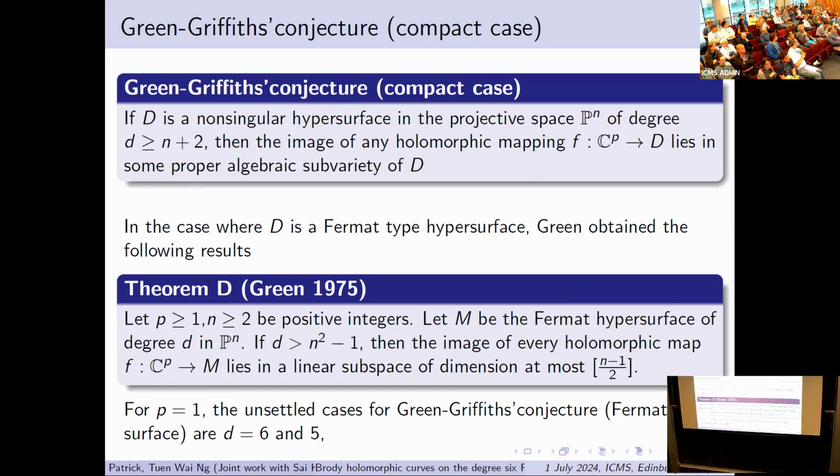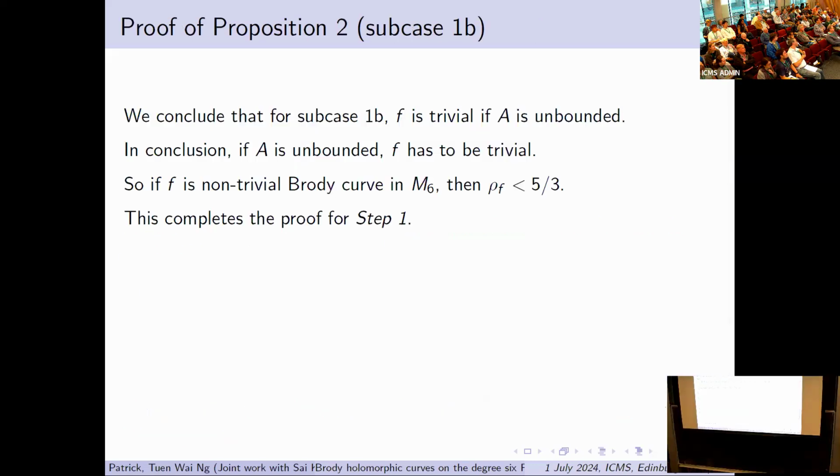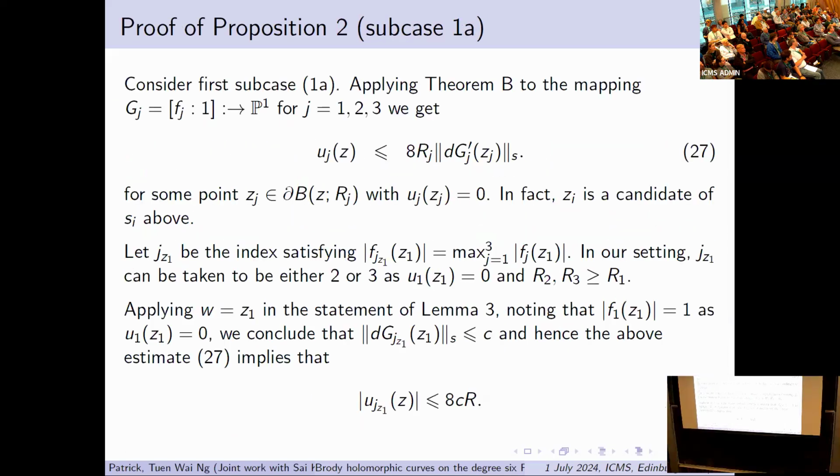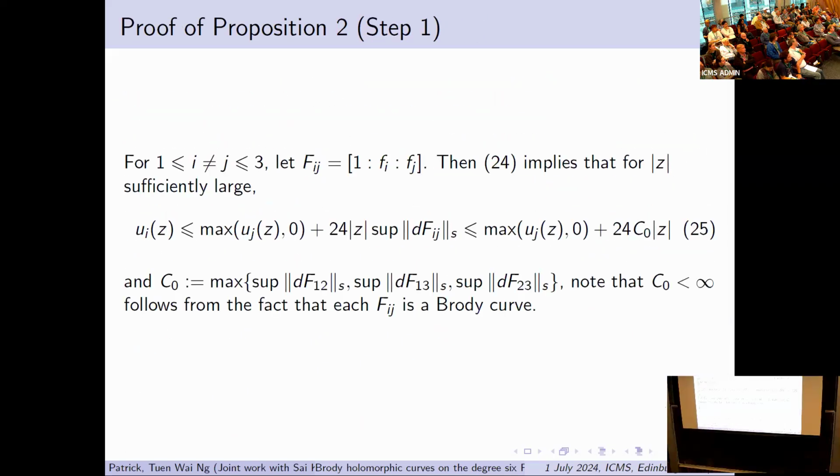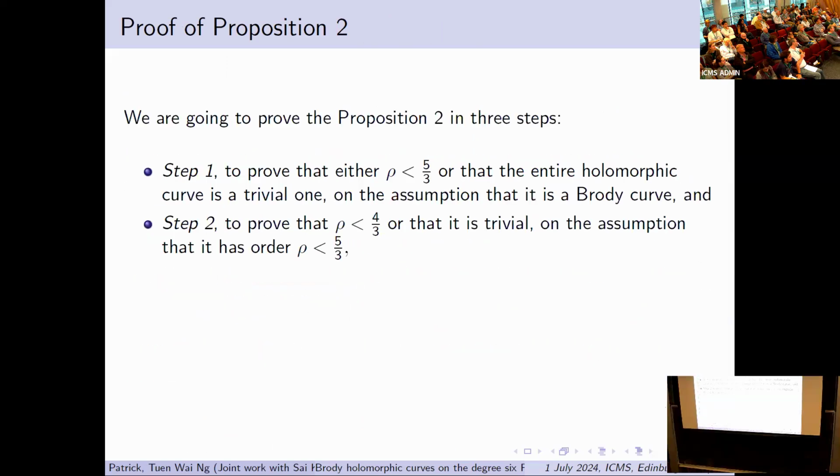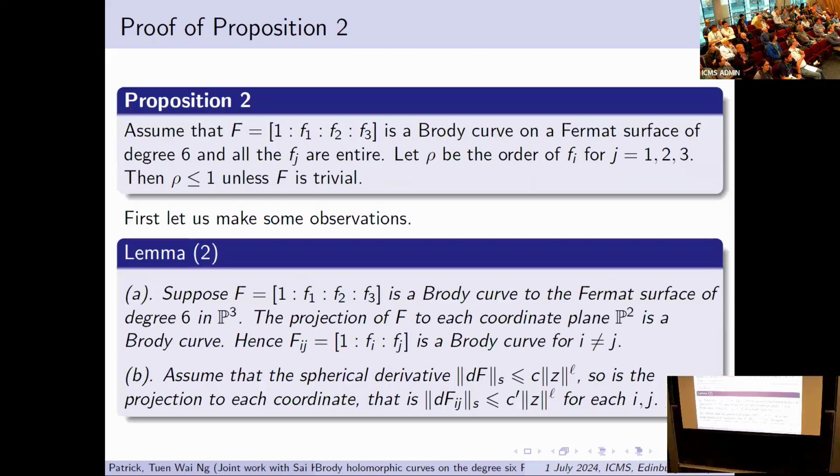Can you highlight what goes wrong in your argument for d equals 5? There are a number of places where you really need to use the fact that it's 6. For example, Lemma 2 needs the fact that the degree is 6.